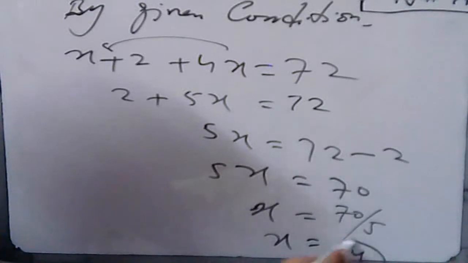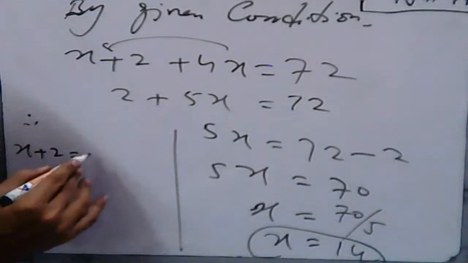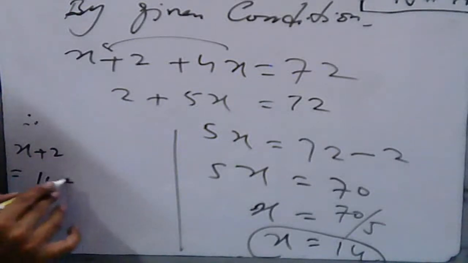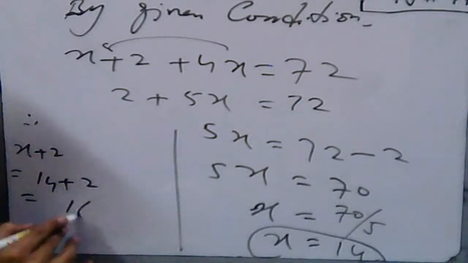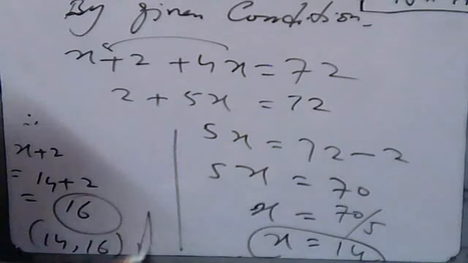So 14 is your first number. The second number will be x plus 2, so 14 plus 2, you will get 16. Therefore the answer is 14, 16, your two consecutive even numbers. That is the required result.